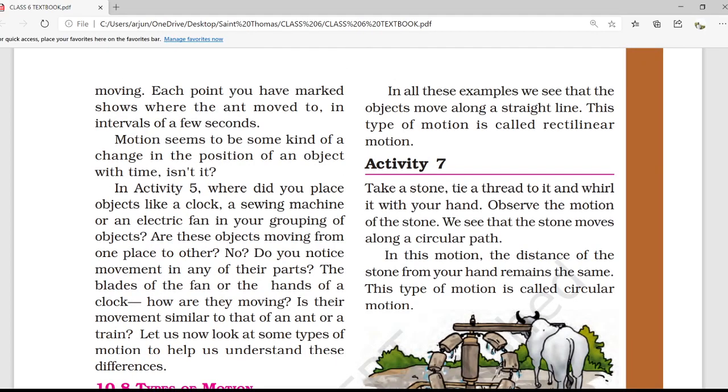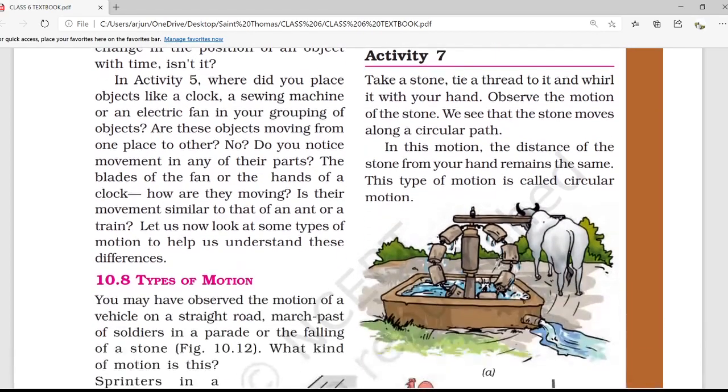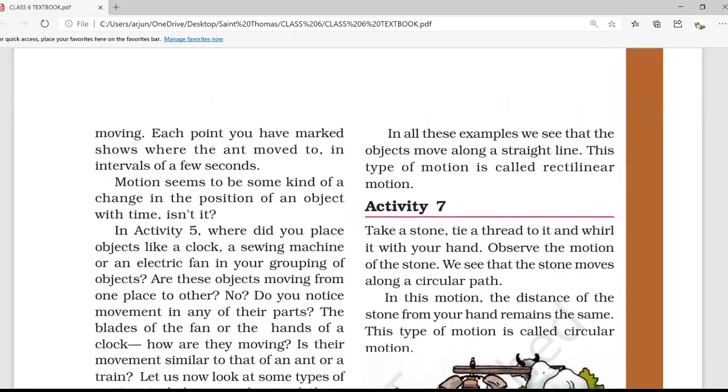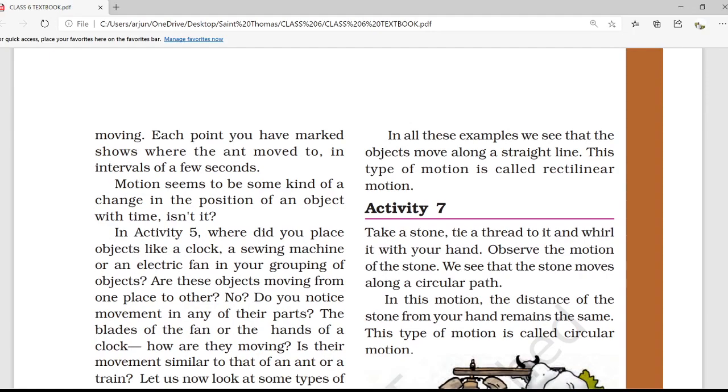So today you have to give some examples of straight motion yourself. In all these examples, we see that the object moves along a straight line. One example is the train. The railway tracks for several kilometers, for 20 to 25 kilometers, are always straight.